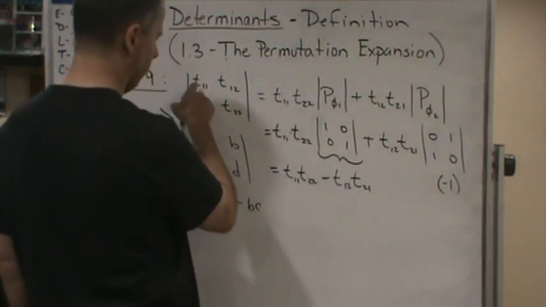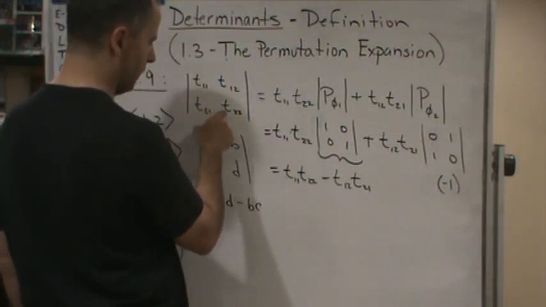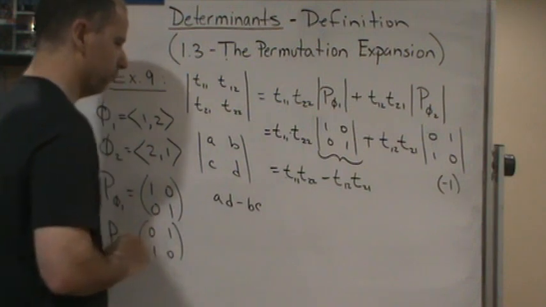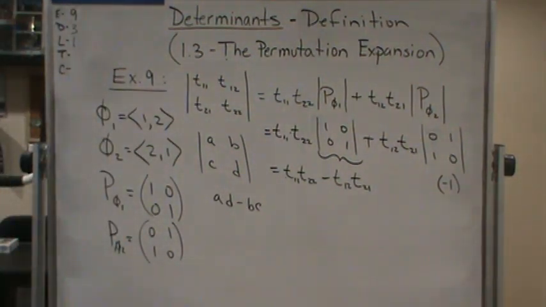That's what we got here. These two multiplied together minus these two. And so it matches. And we can show the same thing with the 3 by 3 formula as well. I'll leave that for you to practice, practicing with the notation.